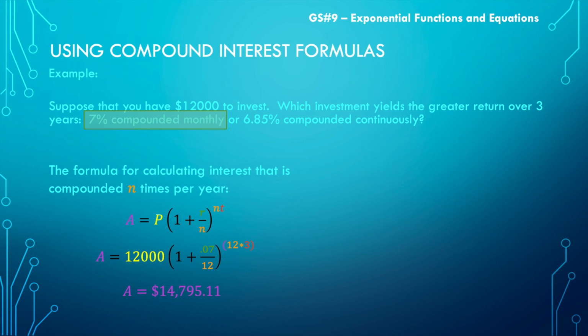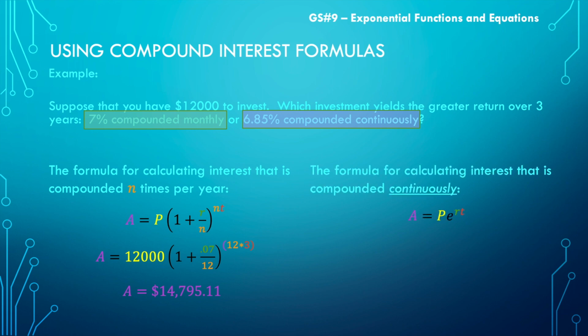All right, so let's run the numbers for that second account. That second account is paying 6.85% compounded continuously, which means we're going to use the other formula. Okay, so if we are compounding continuously, we just need to put the right things in the right places here. P is still 12,000.